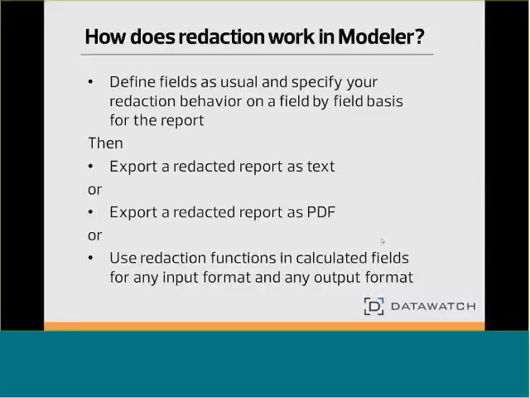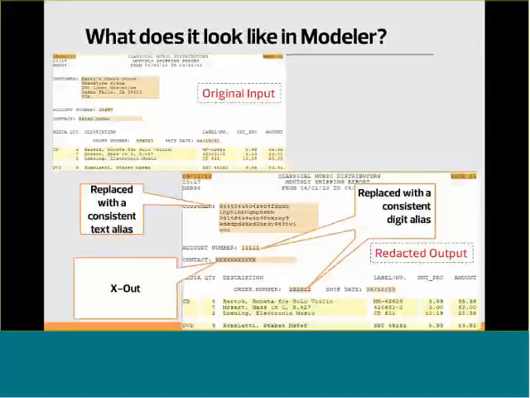That could be databases or Excel, Access, that kind of thing, and also any output format, or the current output formats that we support. So what does it look like in Modeler? So you have the original input, and then you can replace fields, and in this case we're replacing it with a consistent text alias and a consistent digit alias and an X out.